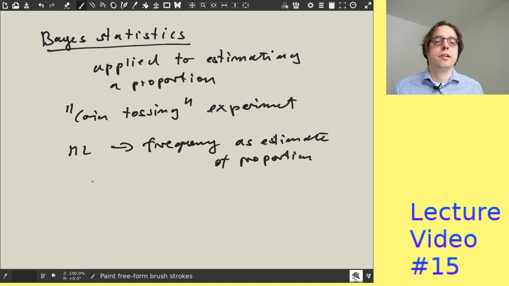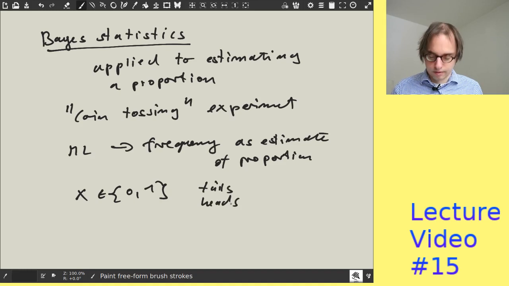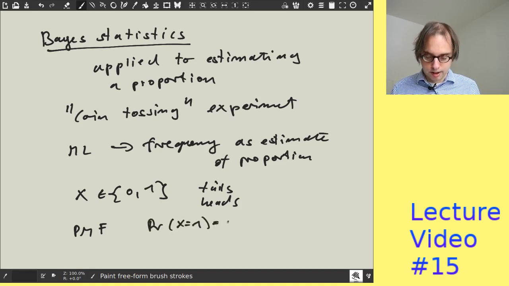So now we see how to do it in Bayes. What we have here are our events. The events are 0 and 1, so let's say tails, heads. And then we have our PMF, probability mass function: the probability that x is 1 is p, and the probability that x is 0 is 1 minus p.